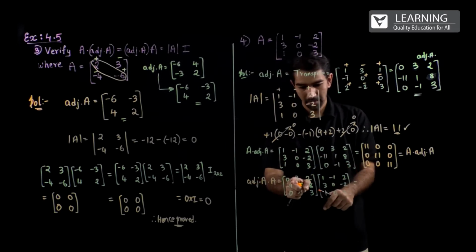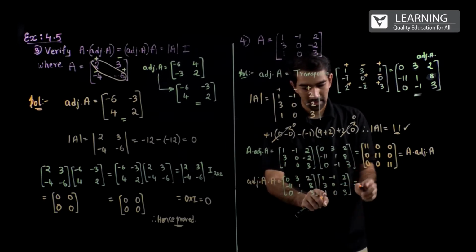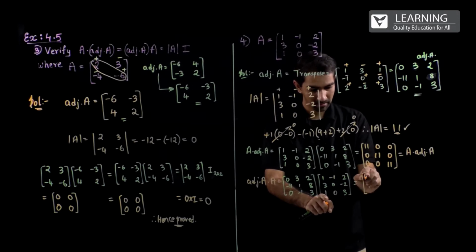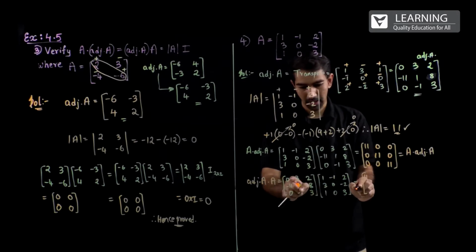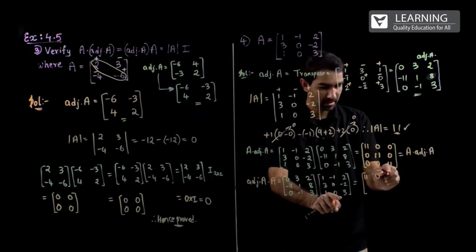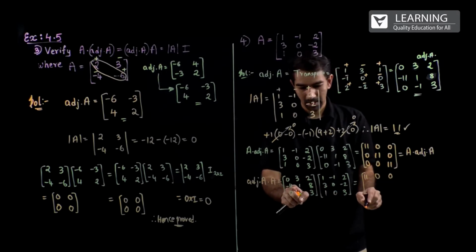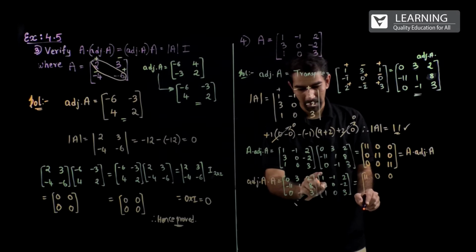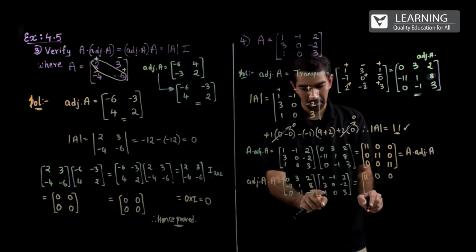First row into first column: 0, 9, 2, this will become 11. First row into second column: 0, 0, 0. First row into third column: 0, minus 6, plus 6, 0. Okay. Second row into first column: minus 11, plus 3, plus 8.